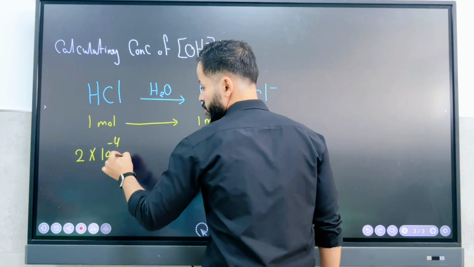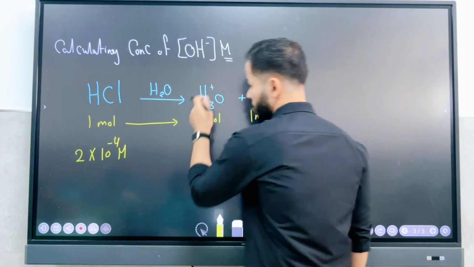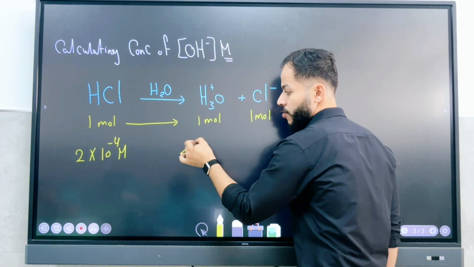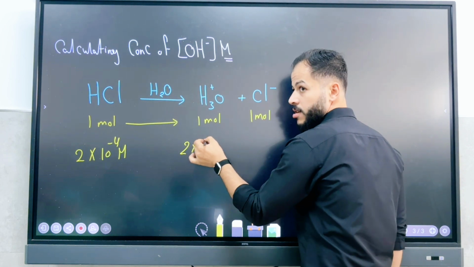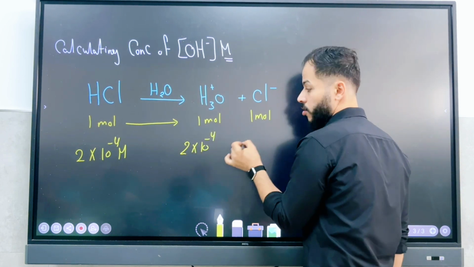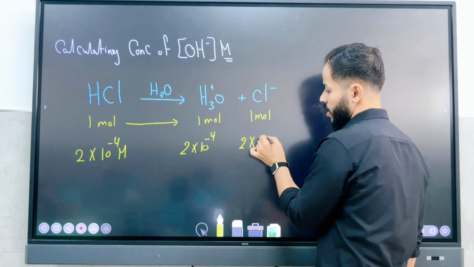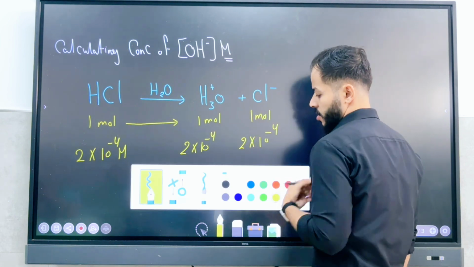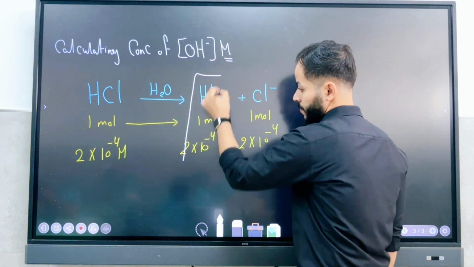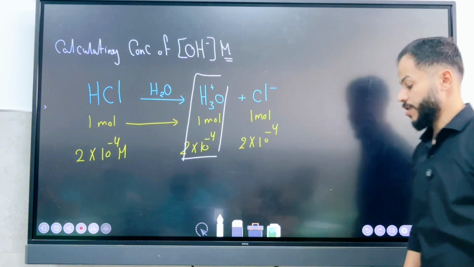If the molarity is this value, so the 1 mole of hydronium has a concentration of what? 2 times 10 to the power negative 4 also, and the chloride 2 times 10 to the power negative 4. The important one for me is what? The concentration of the hydronium, right?